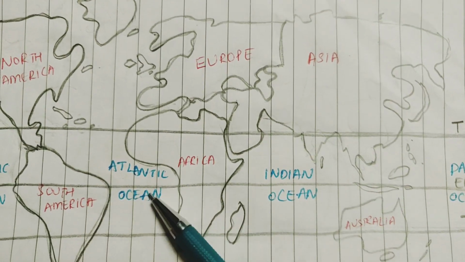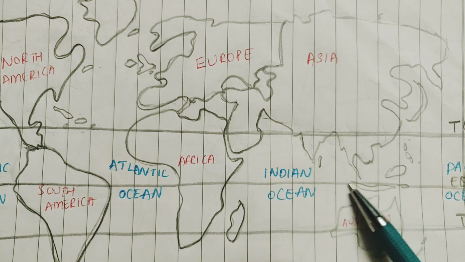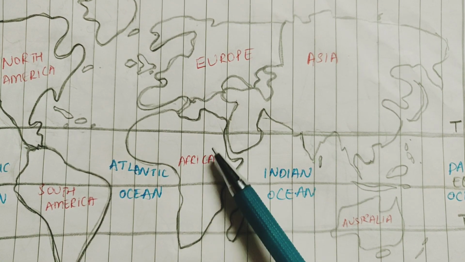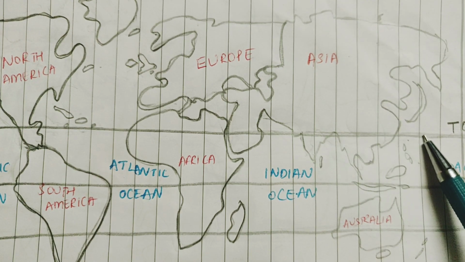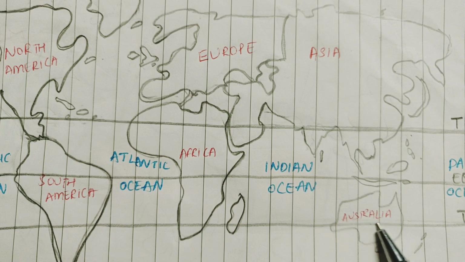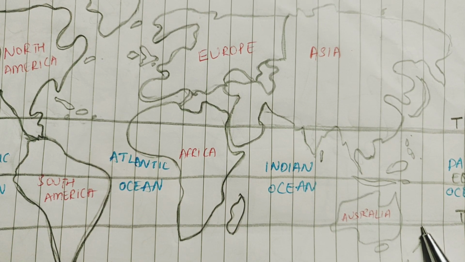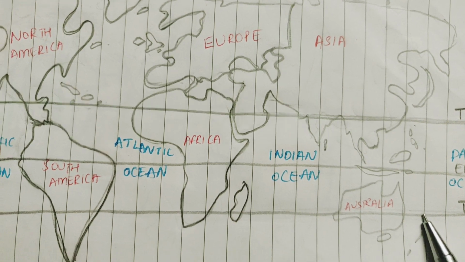So the line at the center is known as the equator, the line above the equator is the Tropic of Cancer, and the line below the equator is the Tropic of Capricorn, which is in the southern hemisphere.